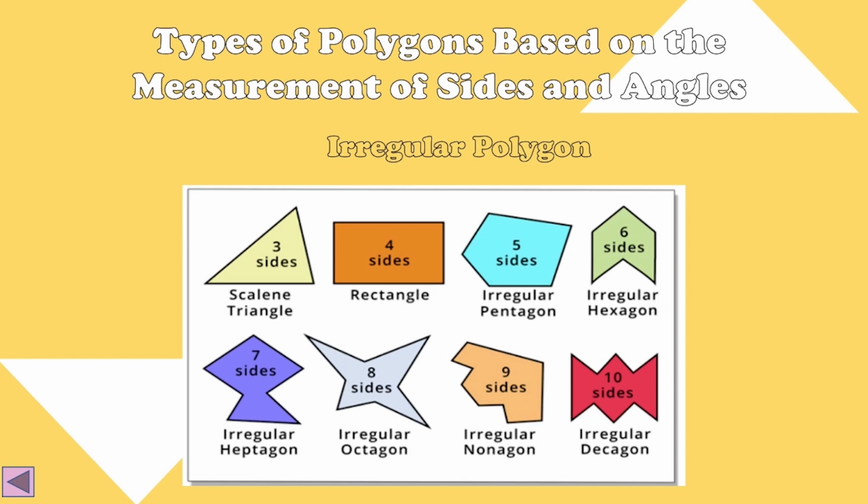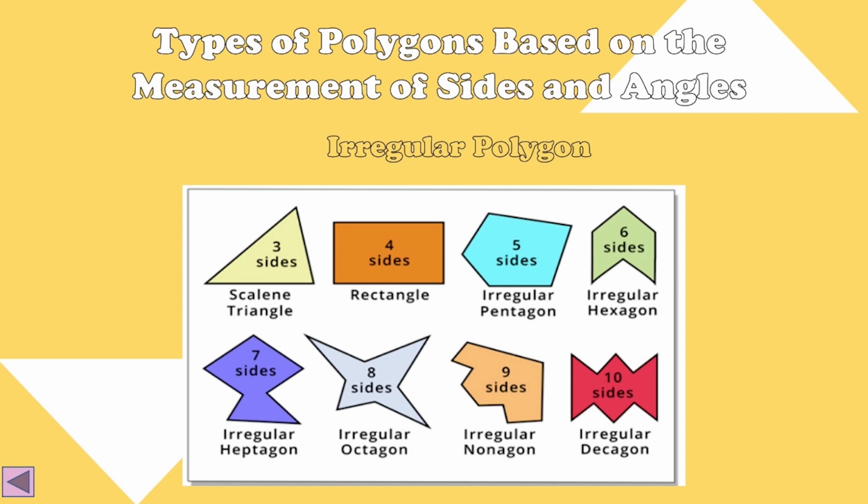Remember that regular polygons have all sides and angles equal, while irregular polygons have sides and angles of different lengths and measures. Also, convex polygons have all interior angles less than 180 degrees, while concave polygons have at least one interior angle that's greater than 180 degrees.